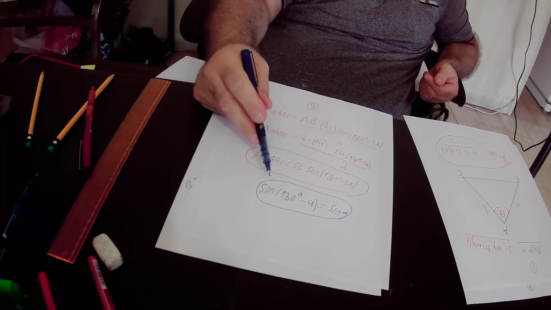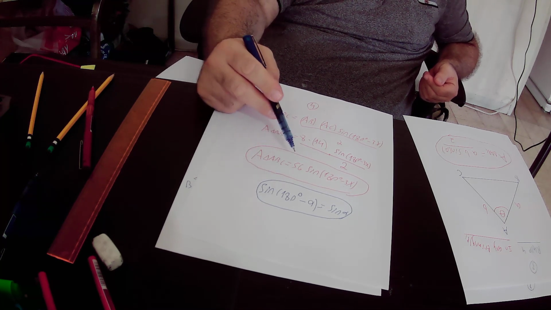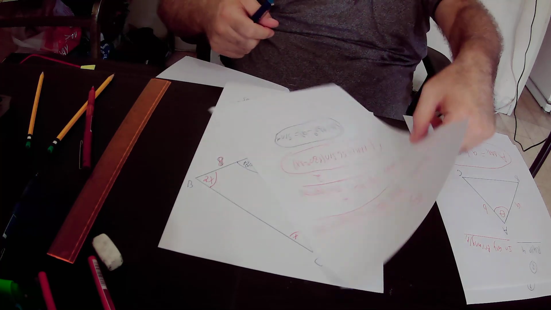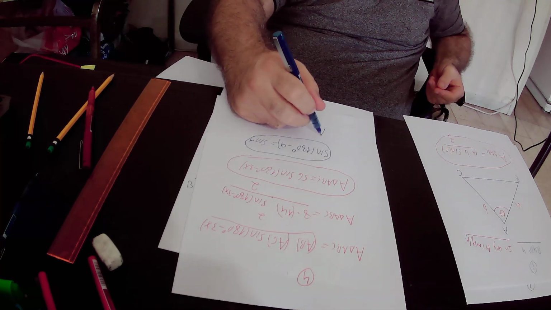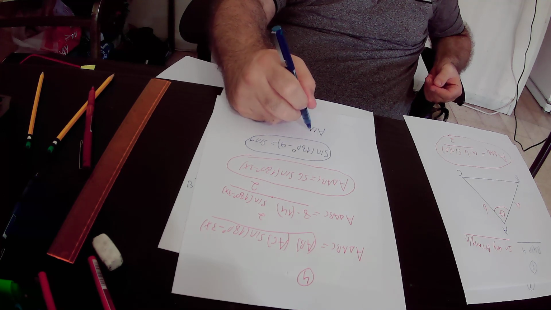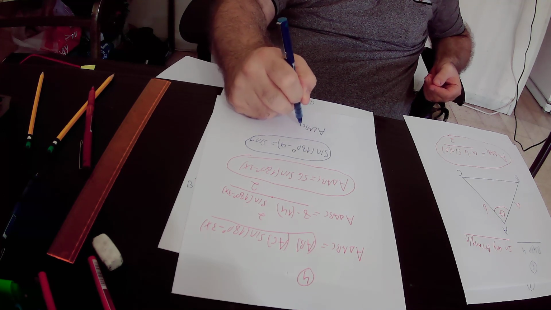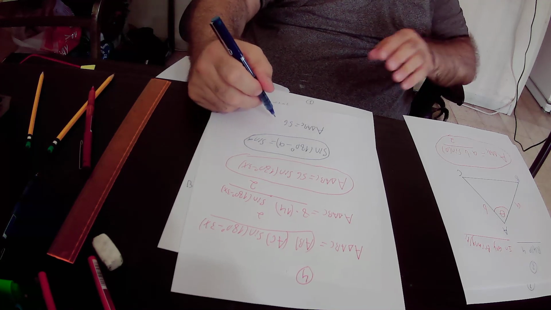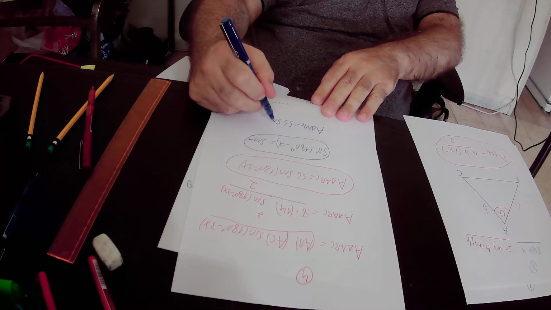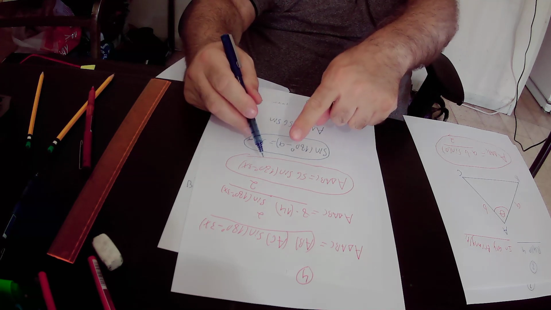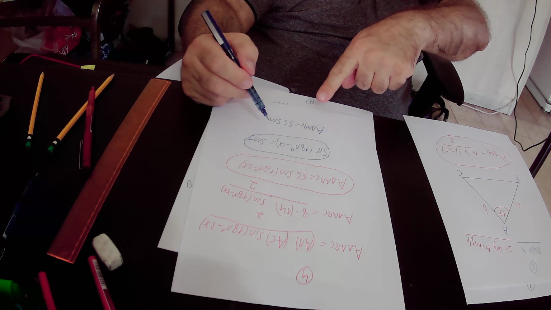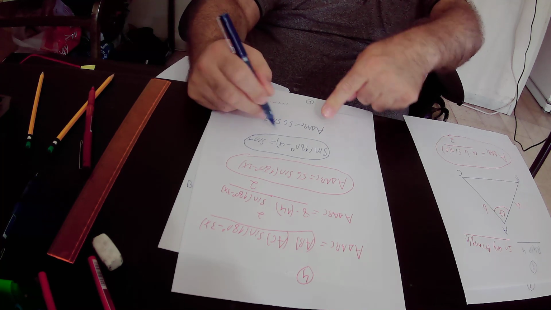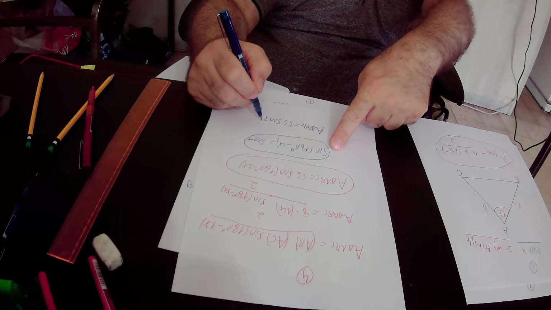So we can implement this rule in our triangle, and we will get that the area of triangle ABC equals 56 times sine of 180 degrees minus 3x, which equals sine 3x according to this trigonometric identity.